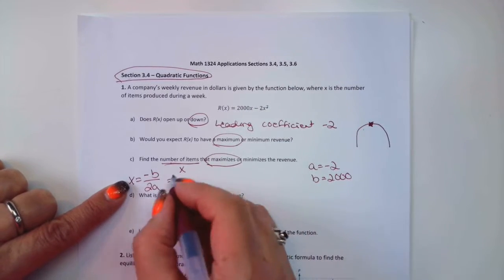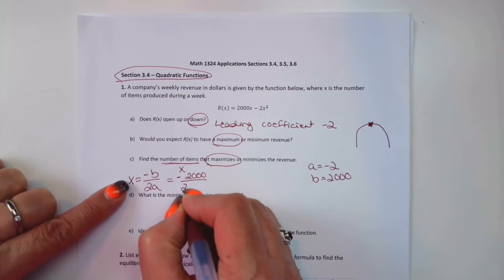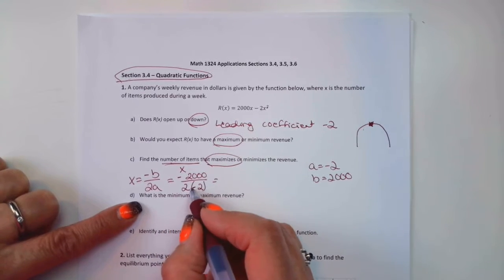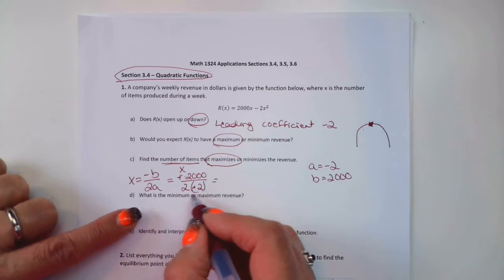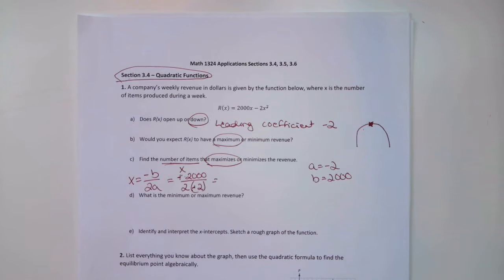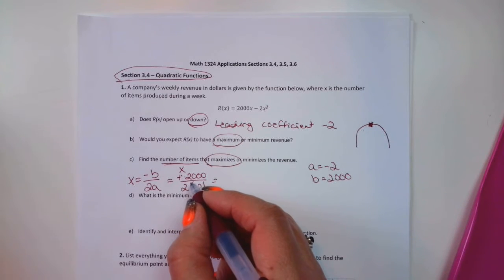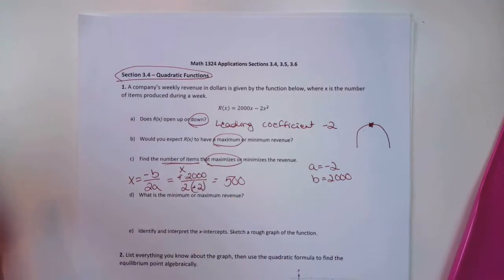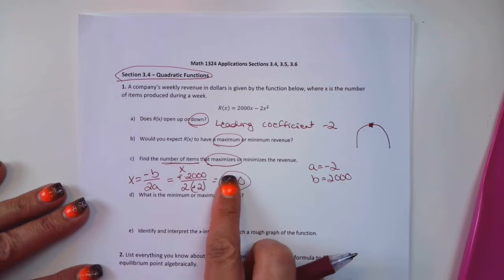So we have -b, which is -2000, divided by 2 times a. A is -2. So the negative signs cancel each other out and become a positive. And then we do 2000 divided by 4, which is 20 divided by 4 is 5, and we have 2 zeros left. So that is 500. So 500 is the number of items that maximizes the revenue.